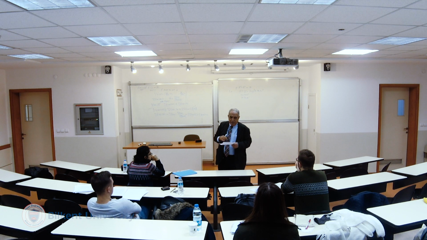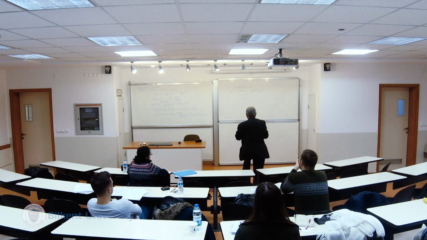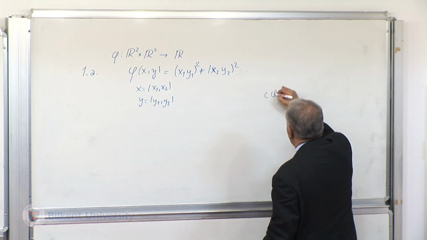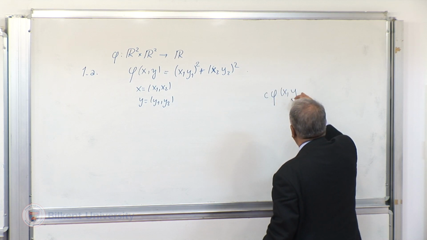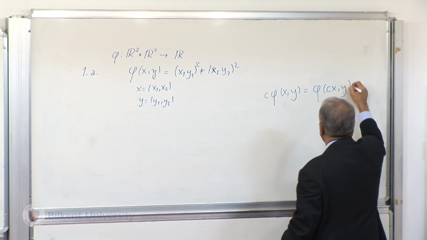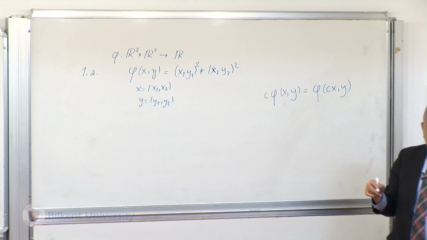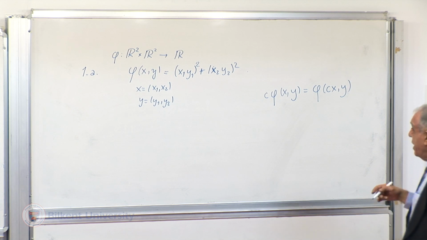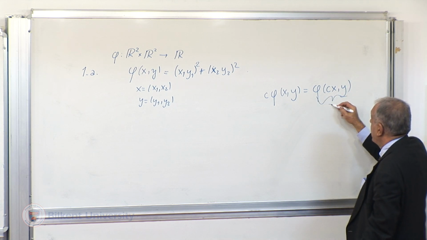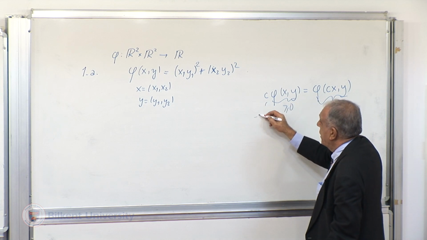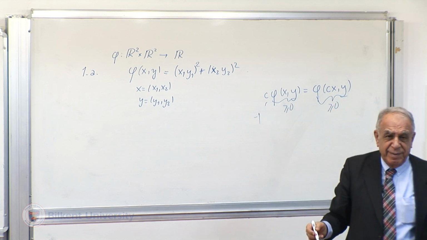That cannot be the case. Well, if you have the scalar multiplication, here it says c times phi(x,y) is equal to phi(cx,y). Suppose phi(u,v) is always larger than or equal to 0. This will be larger than or equal to 0, this will be larger than or equal to 0, but take c to be minus 1.